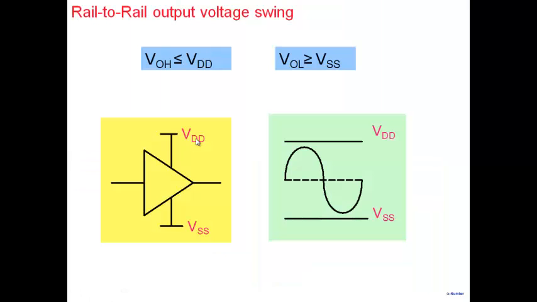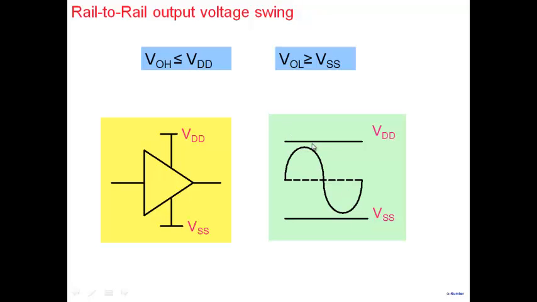So that brings us to the concept of rail-to-rail output voltage swing. Now, if you go and read the data sheets of amplifiers, you will find manufacturers prominently writing that my amplifier is capable of rail-to-rail output voltage swing. What do they mean? Well, this is the positive supply rail here, VDD, and this is the negative supply rail here. What they're saying is that the output voltage can reach almost to VDD in the positive direction and almost to VSS in the negative direction.